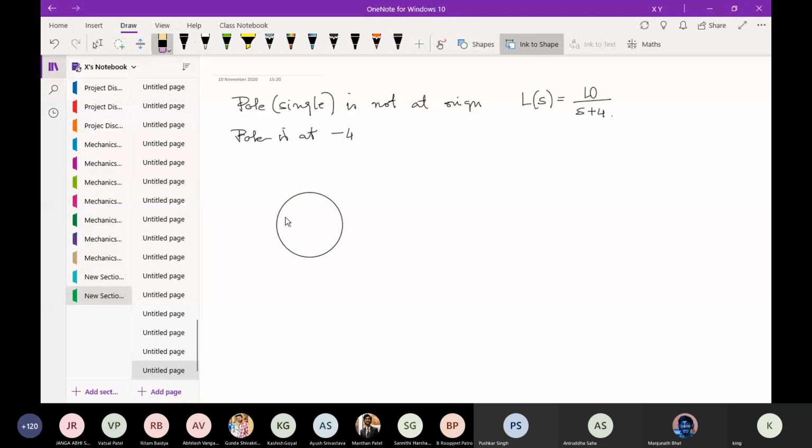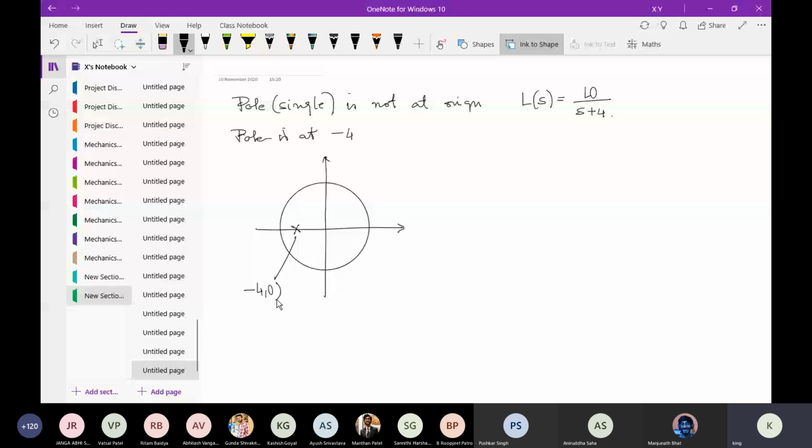Sorry, let me make this bigger. And when we draw this, what is this function L(s)?